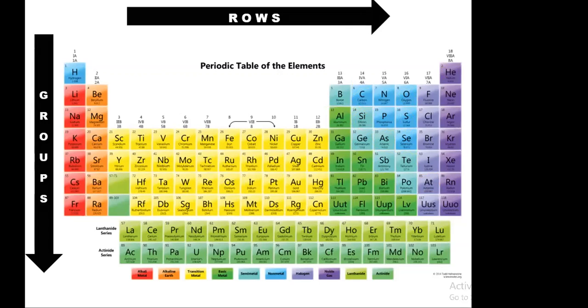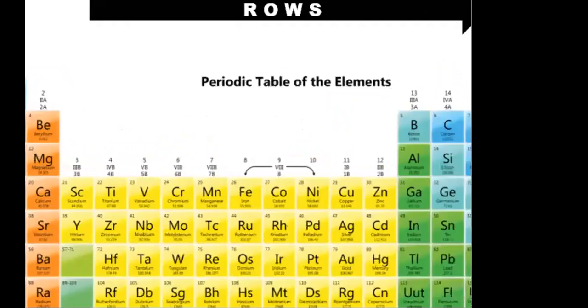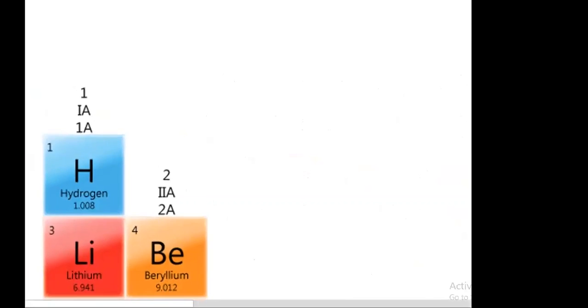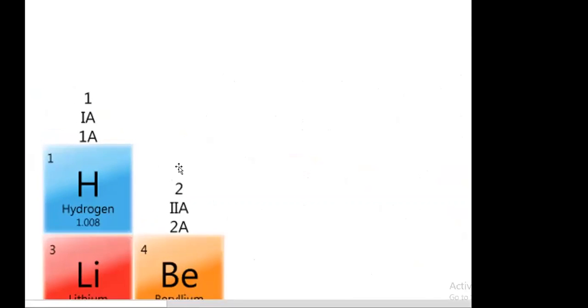Let's scroll a little bit down, or rather into the periodic table, and let's look at hydrogen. So when we look at hydrogen, we see that there's a small number 1 over here. That number, guys, if you recall from the last lesson we had together, is called the atomic number.